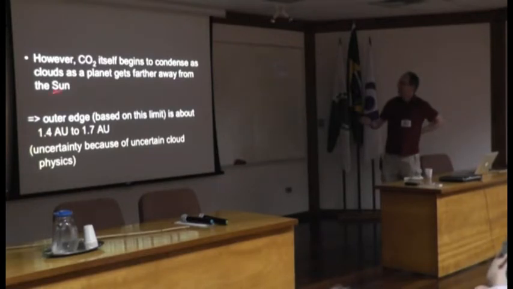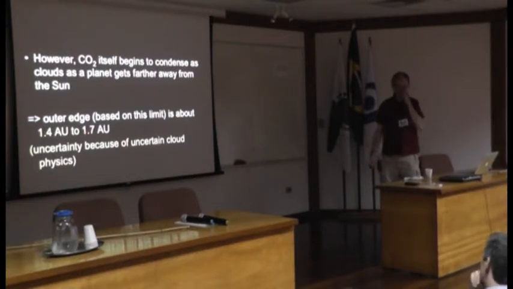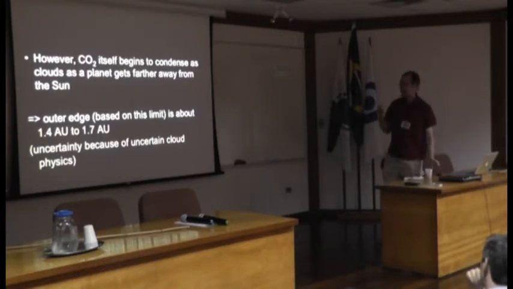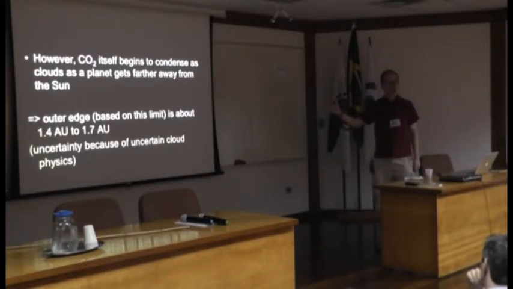So when we put this all together, we have an outer edge somewhere inside the orbit of Mars to outside the orbit of Mars. You may say, well, this doesn't make sense because Mars looks like an uninhabited planet today. But Mars is uninhabited not because of its position, but because of its size.